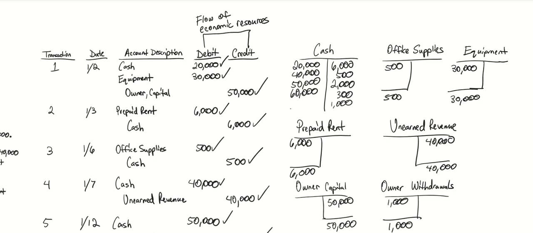Okay, so cash has an ending debit balance of $160,200. That's me subtracting the amounts shown in the credit column from the debit column. The debit column is greater than the credit column, that's why there's a debit balance of $160,200.